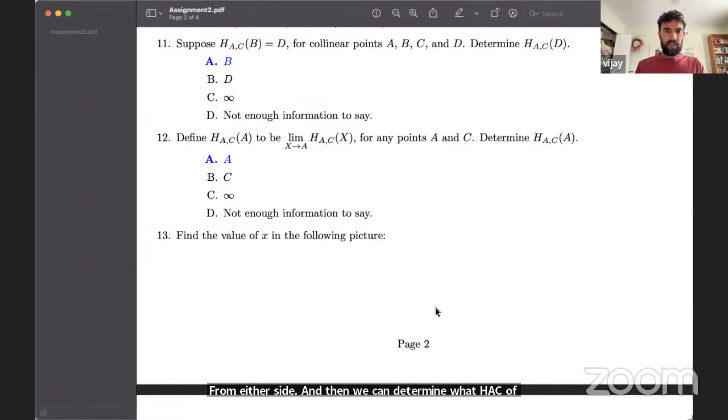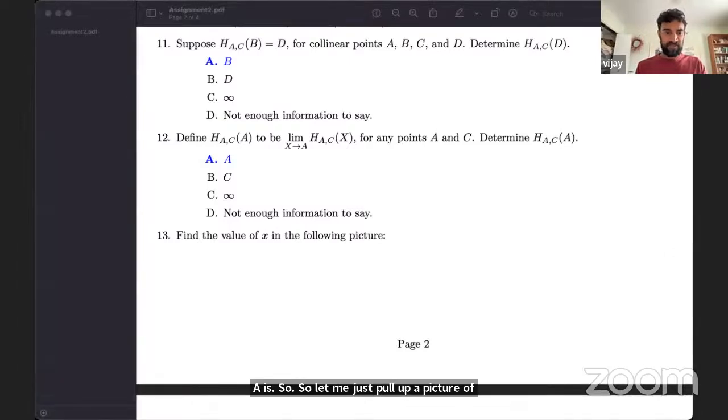So let me just pull up a picture of that. One second.